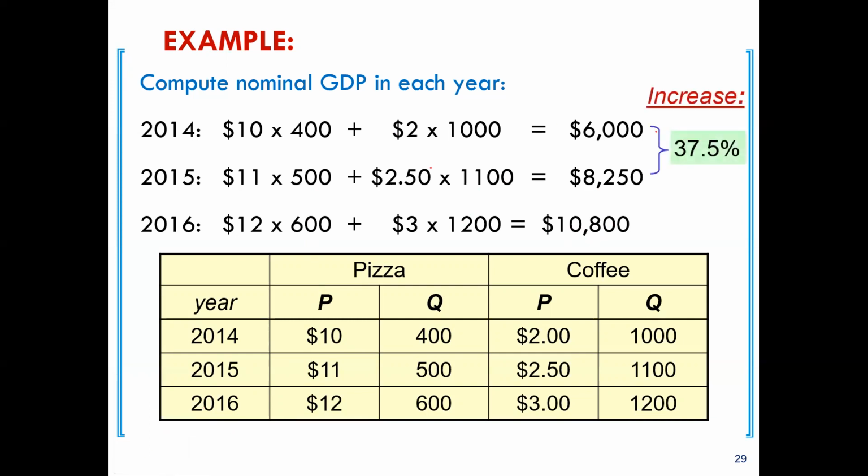Now let's look at the percentage increase in the GDP between the years. Between 2014 and 2015, the GDP increased by 37.5%, and between 2015 and 2016, the GDP increased by 30.9%.